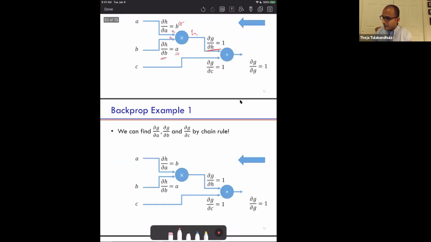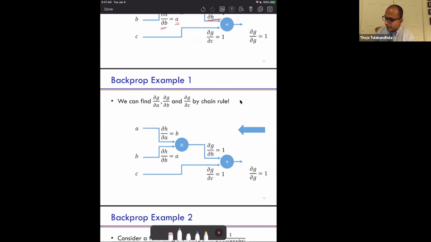So now we want to find the gradient of G with respect to A, B, and C by chain rule. Chain rule just means the gradient of G with respect to A is the gradient of G with respect to H times the gradient of H with respect to A. By the way, this notation is partial derivative notation, like an inverted 6. You can also use other notations if you want.